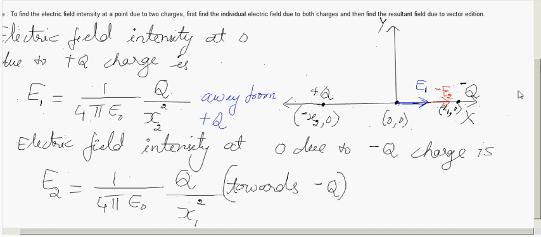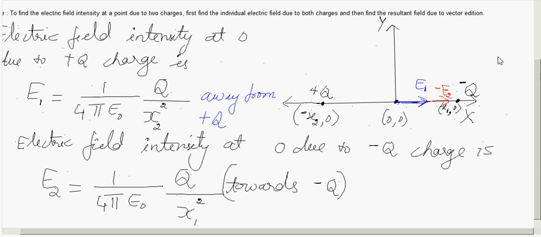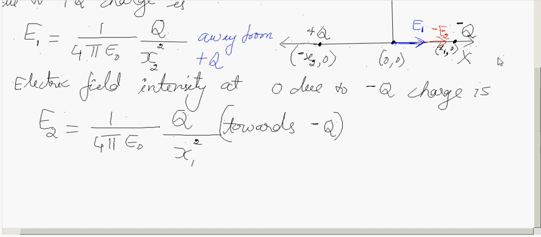Both the fields are acting along the same direction. E1 and E2 act along the same direction. So the net electric field is the addition of these two.